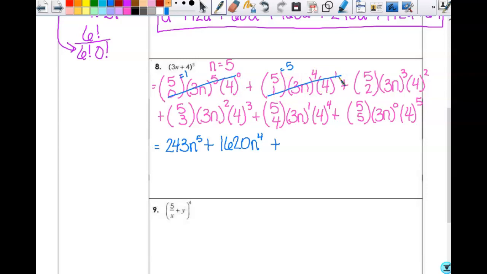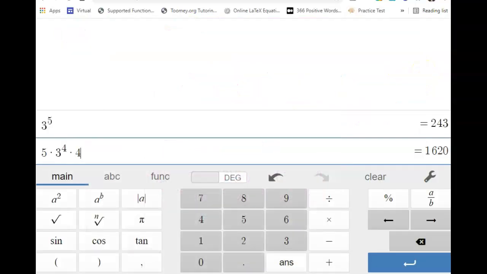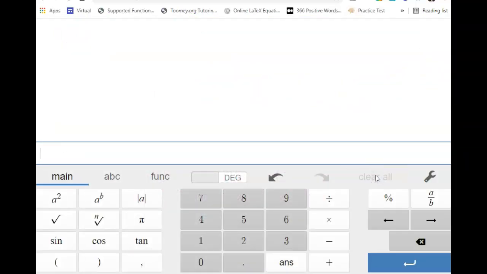Now I'm doing these combinations, which I could do by hand, but I might as well do everything in the calculator. So I'm going to have to do a combination of 5 and 2, 3 to the 3rd, 4 squared. So come back over here.